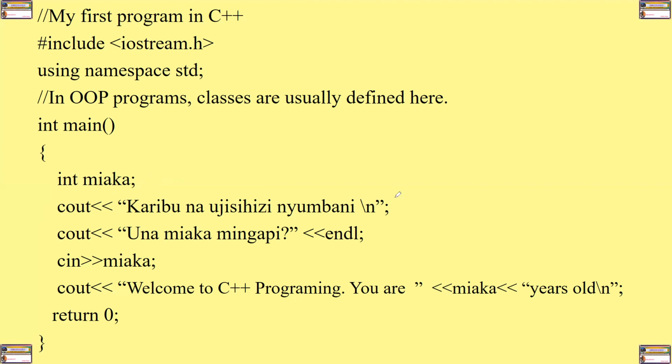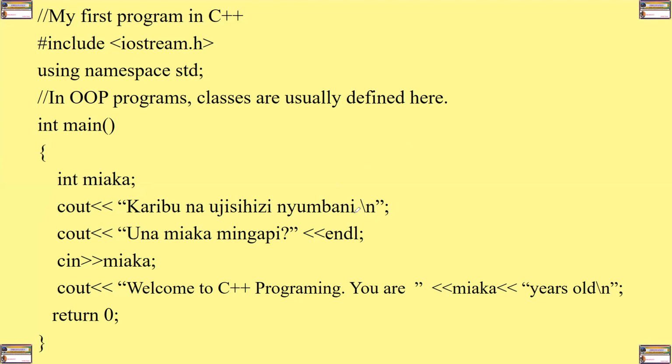And then cout. This statement is displayed on the screen because cout stands for console output. Pick whatever follows this insertion operator and write it out on the screen.